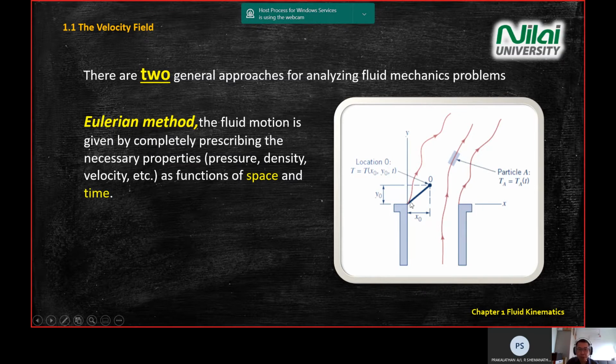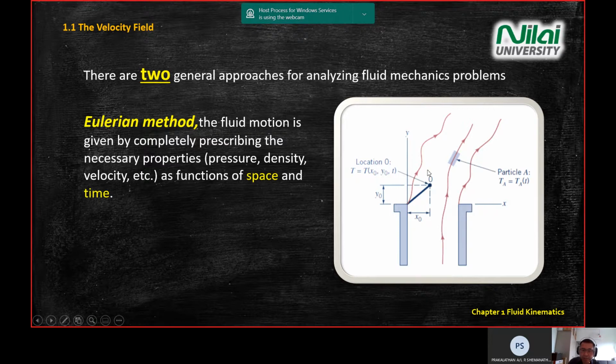If you're using the Eulerian method, the first method, you use a probe sensor, or you stand stationary at this point, and then you measure what happens to the smoke. The smoke will pass by, so a lot of different particles will pass by this point, and you collect whatever velocity you measure here.